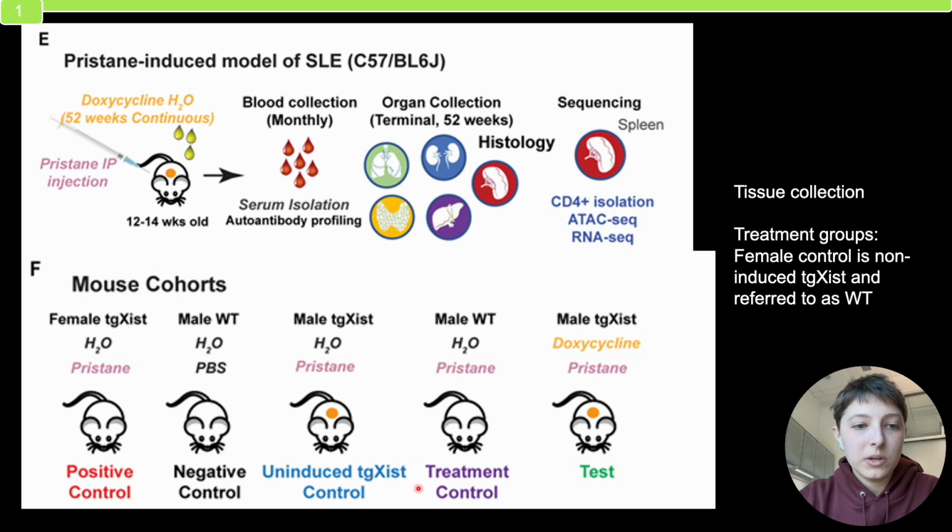And then we have the mutant males with the pristane, but without the dox, so uninduced mutant. And then we have wild type with the pristane added, and then we have the actual test where we have the mutant male, we add dox, we add pristane. So ideally, we would see that this test mouse has similar phenotypes to the positive control.